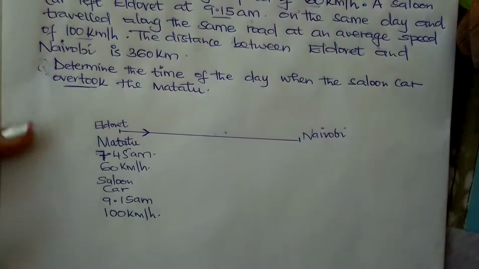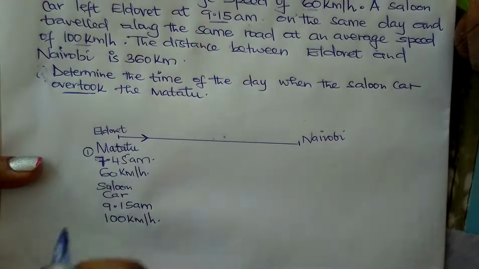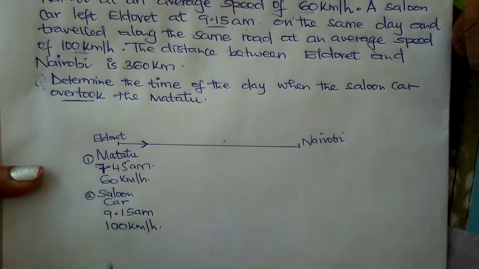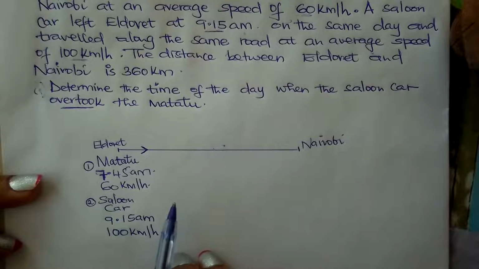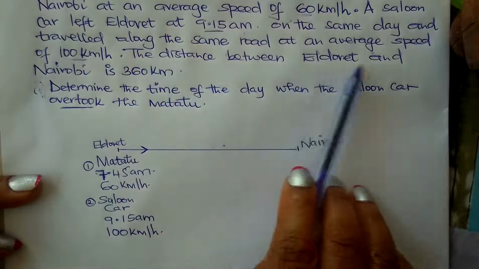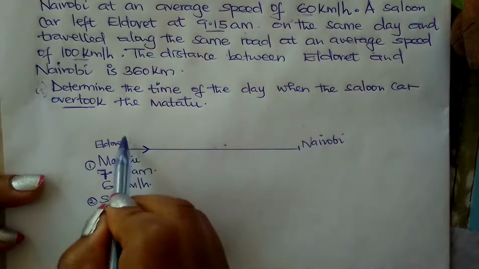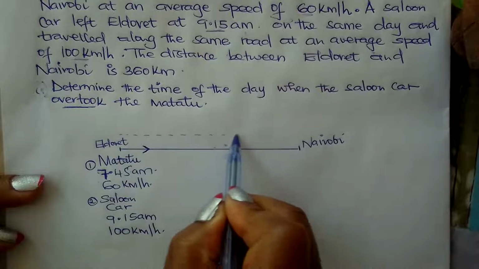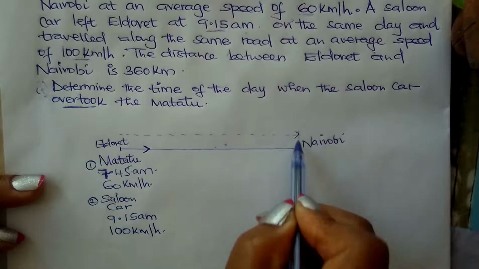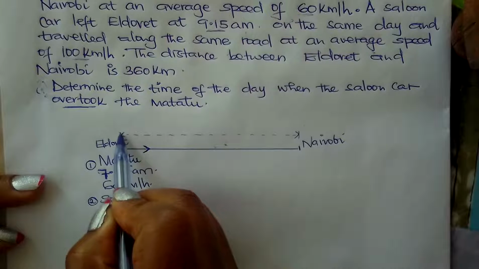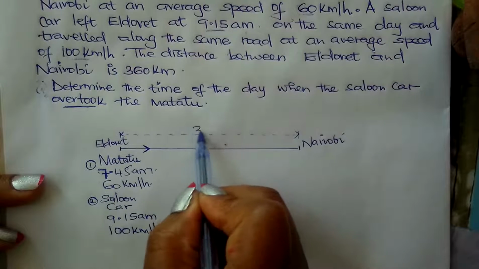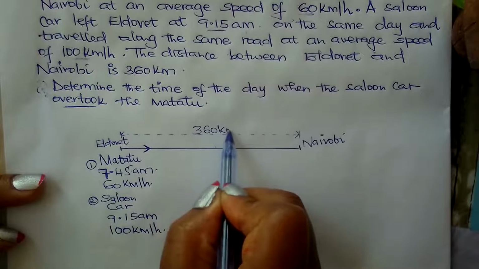So you write those details there. You have the matatu and you have the saloon car. The distance between Eldoret and Nairobi is 360 kilometers. Learners, you come and indicate this distance here, from Eldoret to Nairobi, this is 360 kilometers.